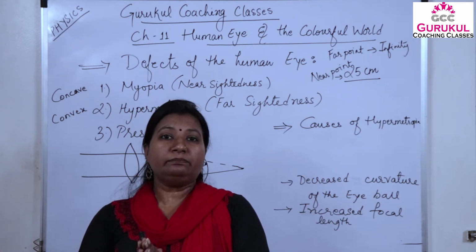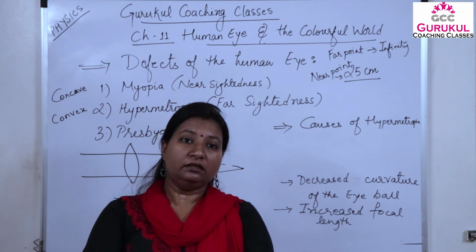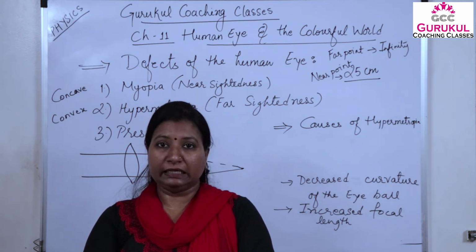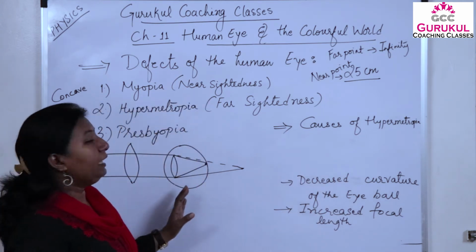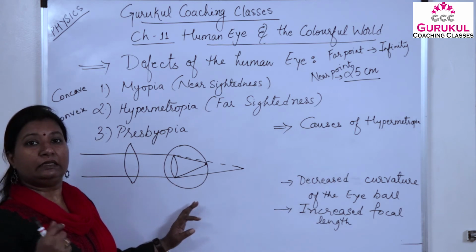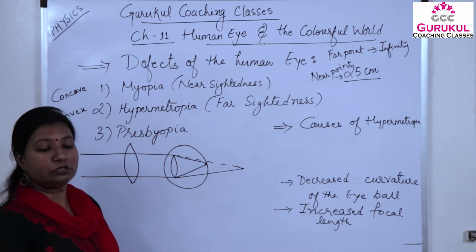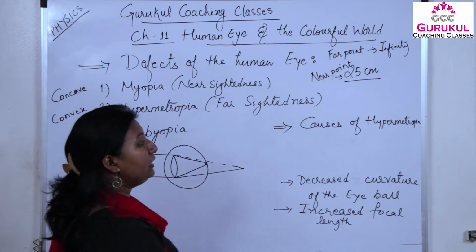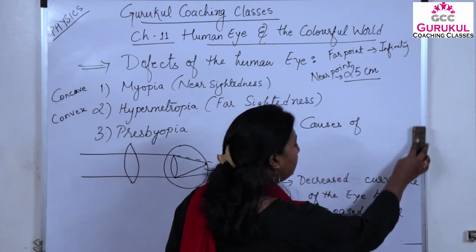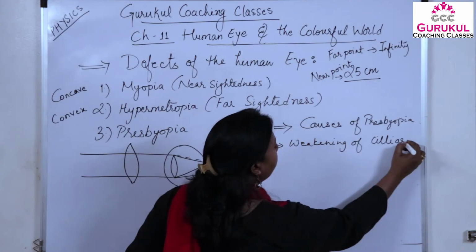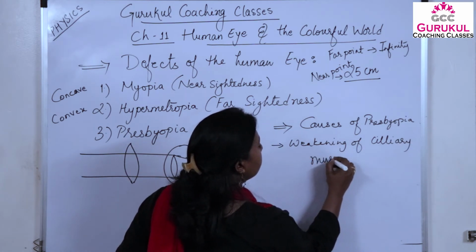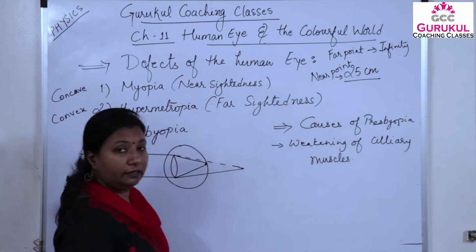So the person will not be able to see nearby and faraway objects clearly. This generally takes place in old age, and the main cause of presbyopia is the weakening of the ciliary muscles.